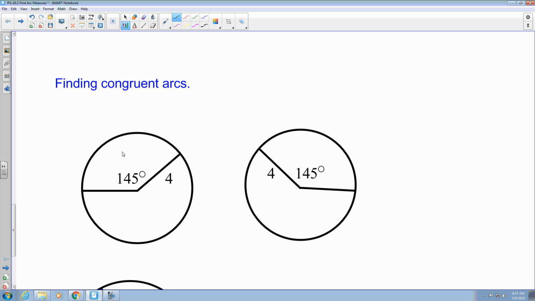One of the last things we're going to look at is congruent arcs. Congruent arcs need two things. First, they need to have the same central angle.